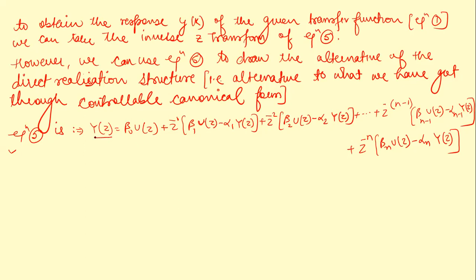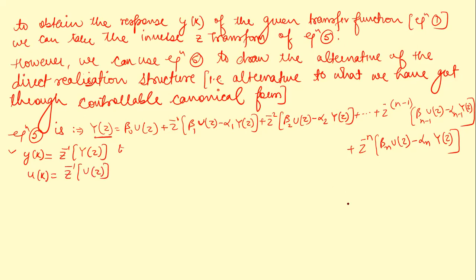Now, the inverse z transform of yz is yk. So we'll write it here. yk is z inverse of yz, and uk is z inverse of uz, right?